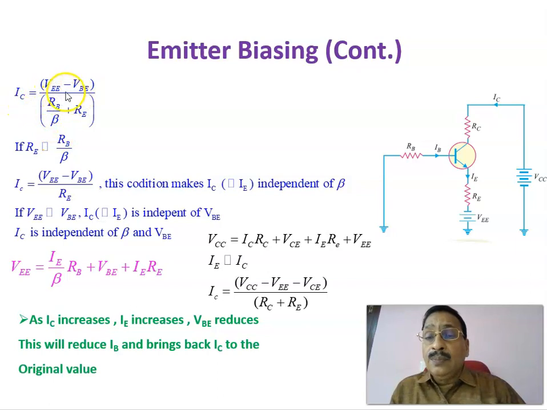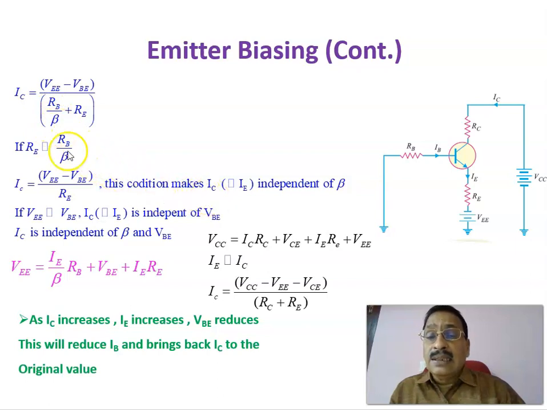Continuing the emitter biasing technique, we have already derived the equation for the collector current, which is VEE minus VBE divided by RB by beta plus RE. If we assume that RE is much higher than RB by beta, we can neglect this term, so the collector current will be VEE minus VBE divided by RE. Or you can say that collector current is independent of beta.